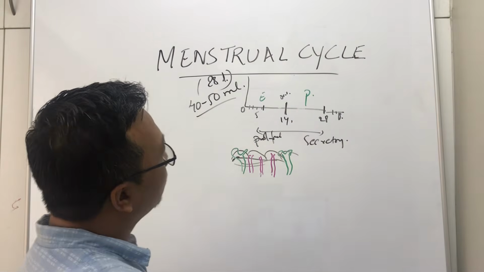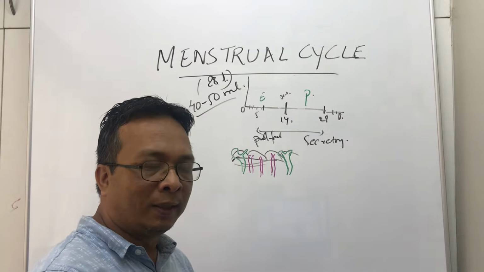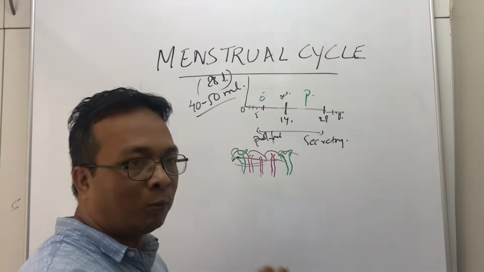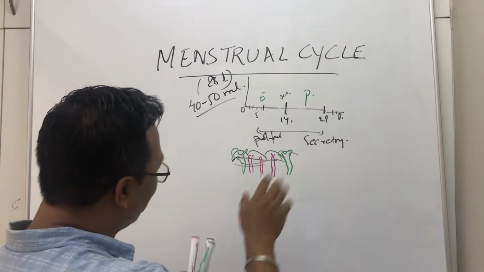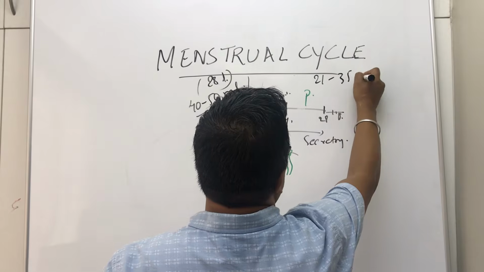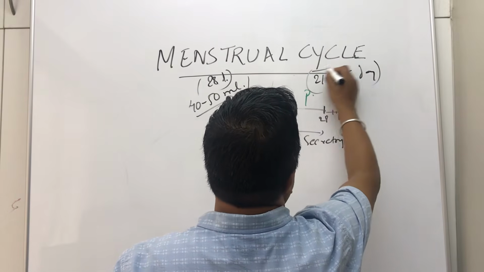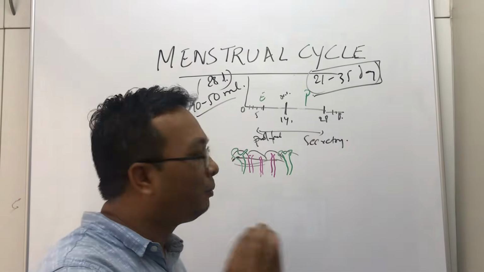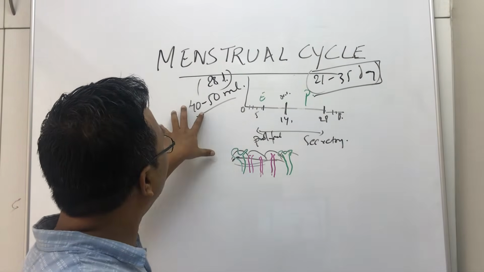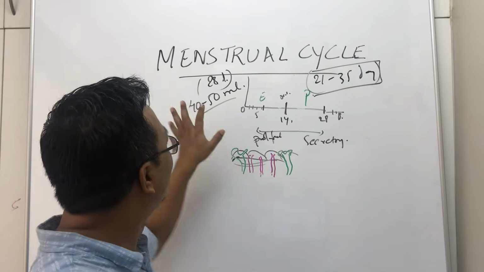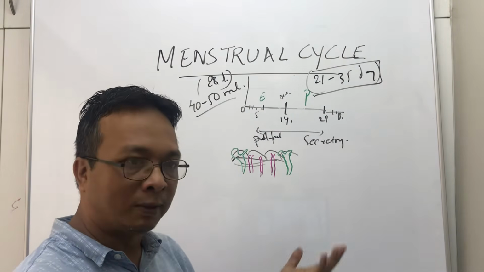Usually we don't find exactly 28 days because it's not normal for every female to be at 28 days, so we make an average of 21 to 35 days, with a loss of 40 to 50 ml of blood every month, right?